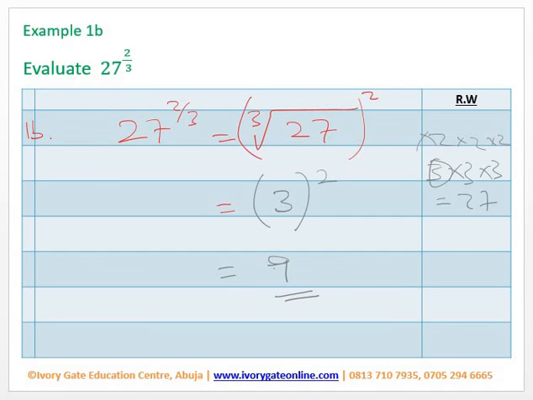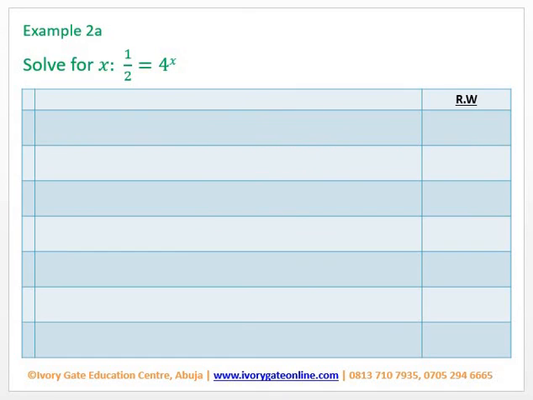Okay. Then we go to another example. Okay, example number 2. We have 2a. 1 over 2 is equal to 4 raised to power x. So here we now look at this. Most often when we have what we are looking for at the right hand side, some people find it difficult to handle.